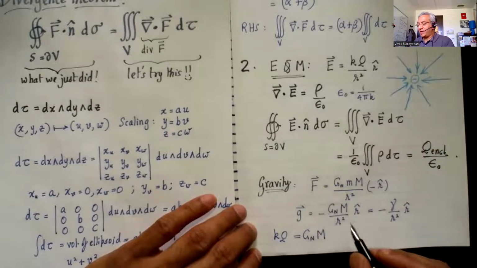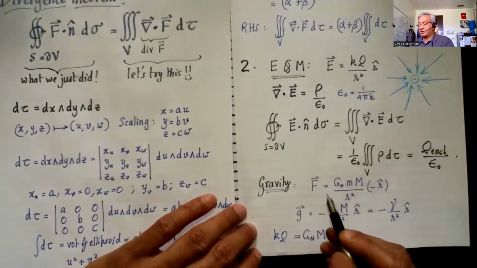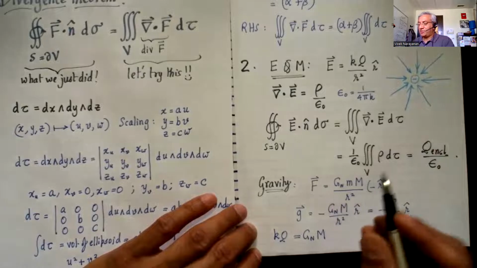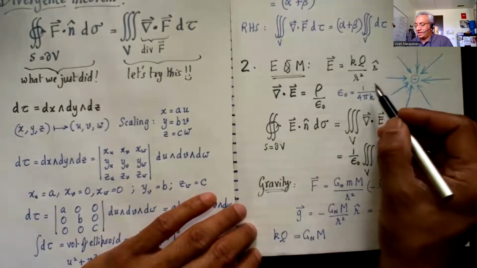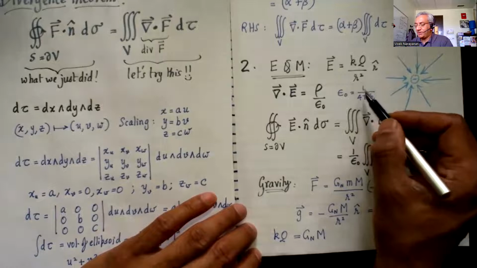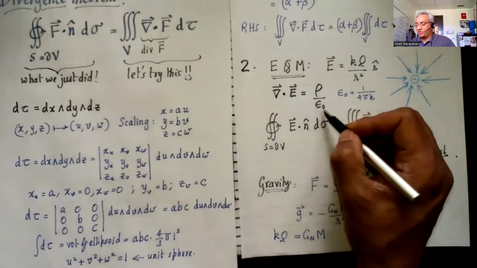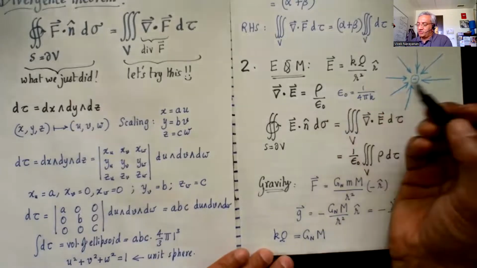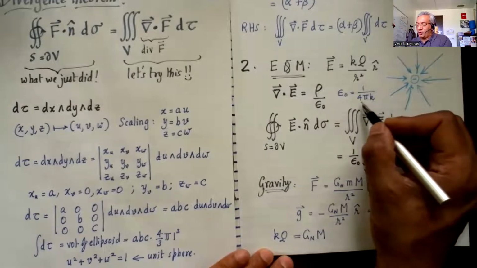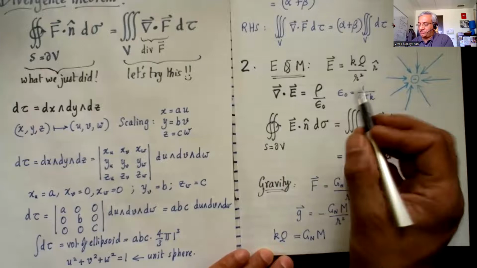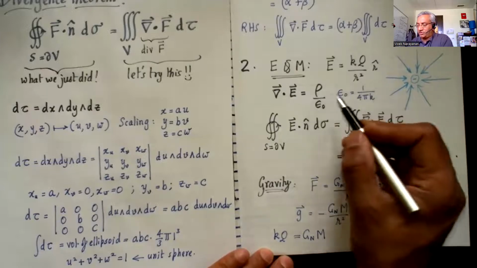So here I have G sub n. I don't have anything like an epsilon. So if I were to write k as 1 over 4 pi epsilon naught, the epsilon naught here would be 1 over 4 pi k. So let me just rephrase this.